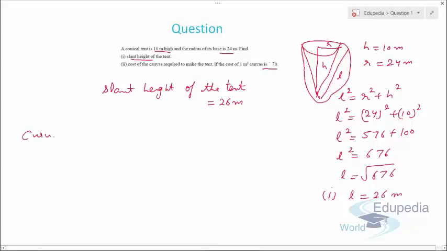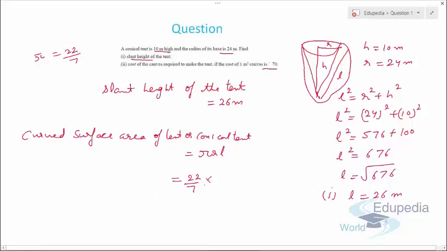So we can write curved surface area of conical tent is pi RL, right? So we can take pi as 22 by 7. So this will be 22 by 7 into R is 24 and L is 26, right? Now, so what's the next step?